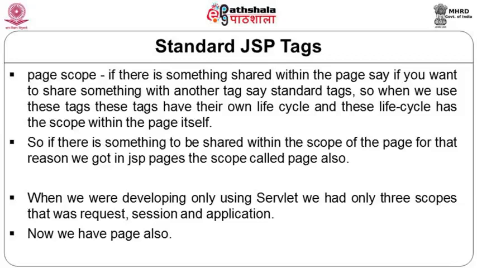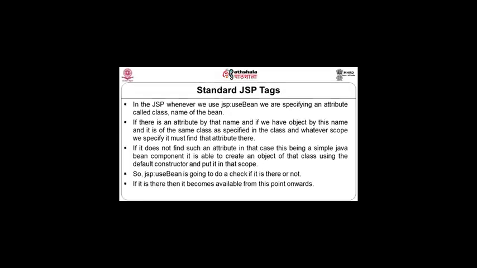When we were developing only using servlets, we had only 3 scopes. We had 3 places where we could share objects: request, session and application. Now we have page also. So, for scope, one of those 4 values. Whenever in a JSP we use the tag jsp:useBean, we are specifying an attribute called class, and an attribute called name, the name of the bean.